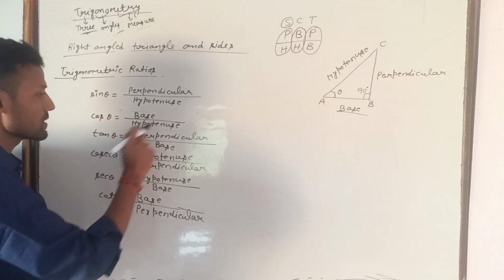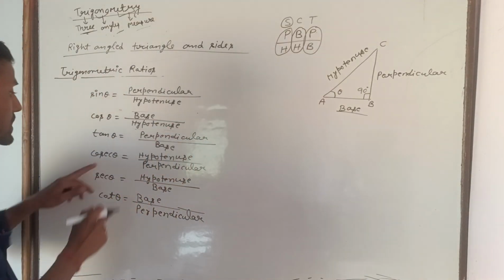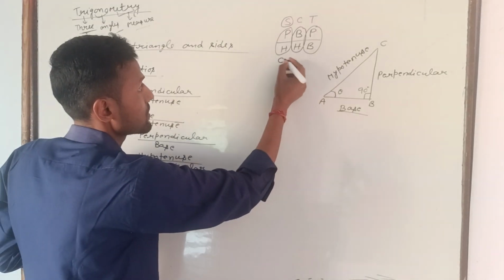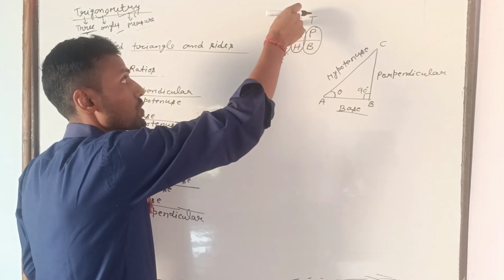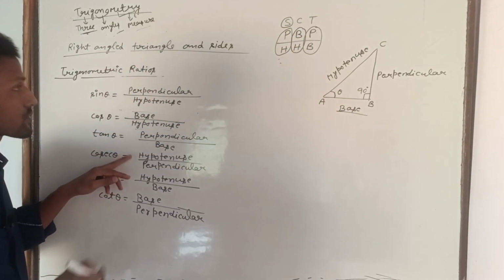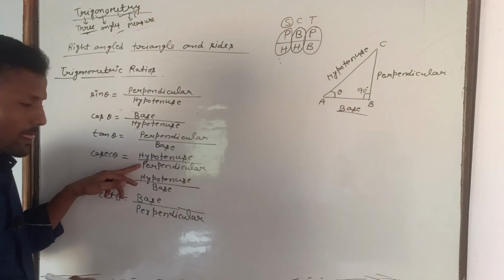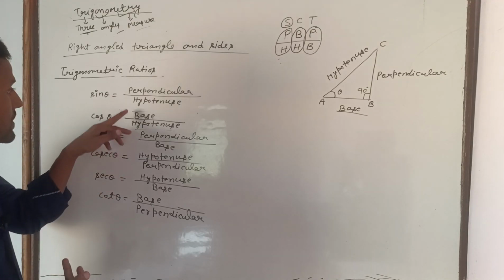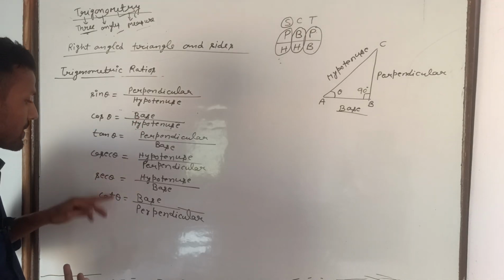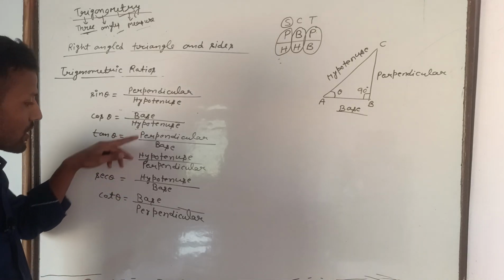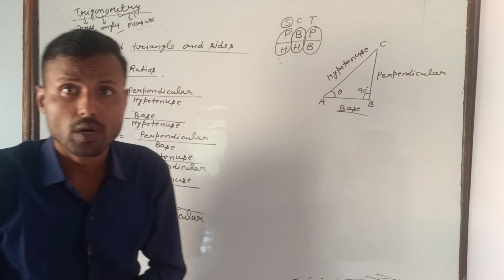Cosec theta is the reciprocal of sine theta, so it will be hypotenuse over perpendicular. Sec theta is the reciprocal of cos theta, so it will be hypotenuse over base. And cot theta is the reciprocal of tan theta, so it will be base over perpendicular. I hope you understood the ratios of trigonometry.